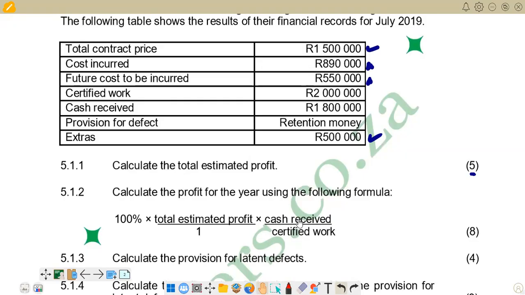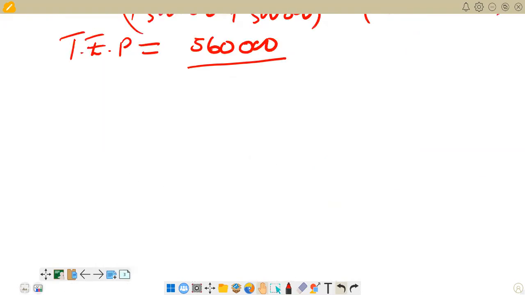Then we multiply by cash received, which for the year is 1,800,000. The certified work, we are also given here, is 2 million. So we can just go and substitute that. That is 5.1.2. Now we are on 5.1.2.